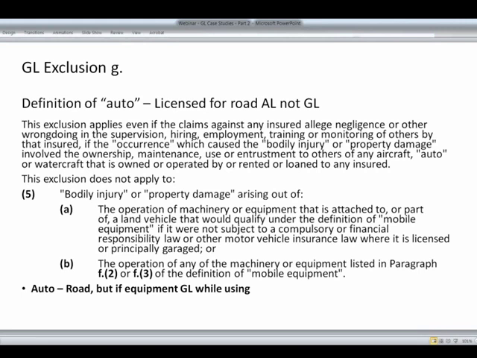However, there is a concern that we have here. It's only autos owned by, operated by, rented, or loaned to any insured. So the two scenarios we have here: as a part of the CDL employment criteria, you know, or should know, that the potential new employer must ask the potential employee, who did you work for the last 3 years, how may I contact them, and how long did you work for them?